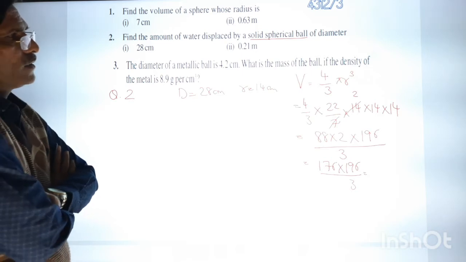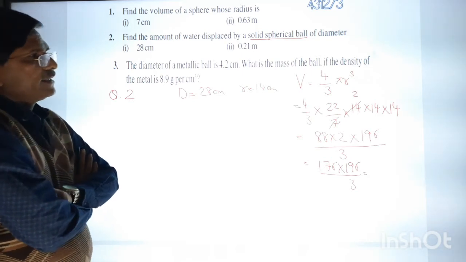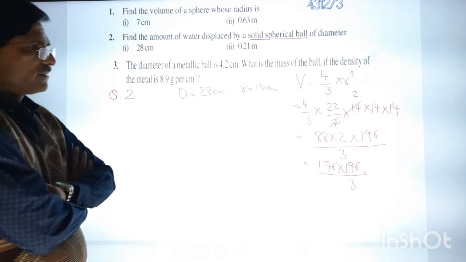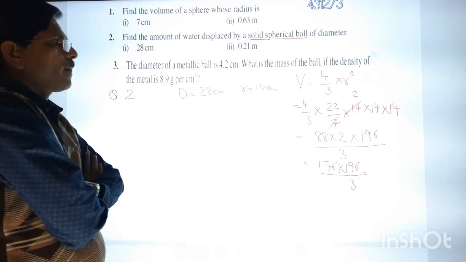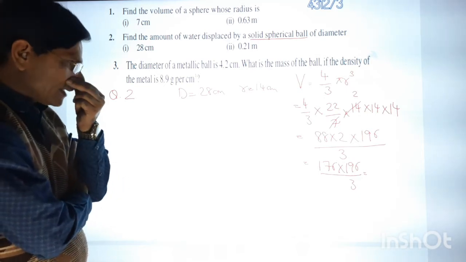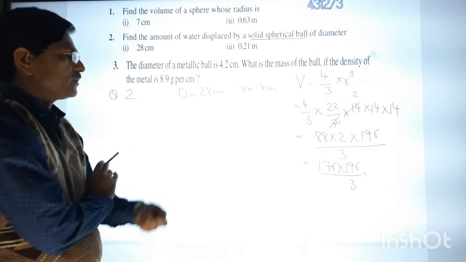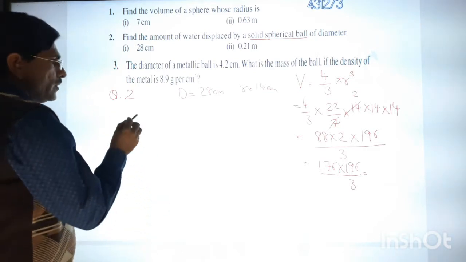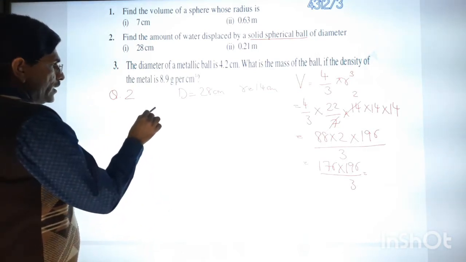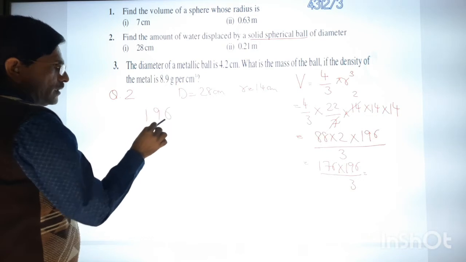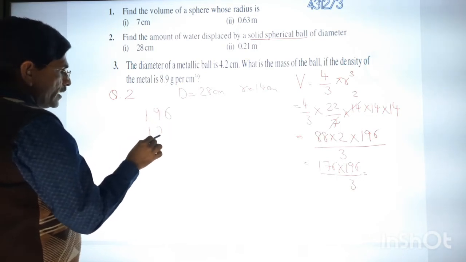Again 7 into 14 gives 2, 88 into 2 is 176, 14 square is 196. Now 176 into 196, then I have to divide it by 3. Those who are doing it, that is very good. Those who are not doing it, have to write it.